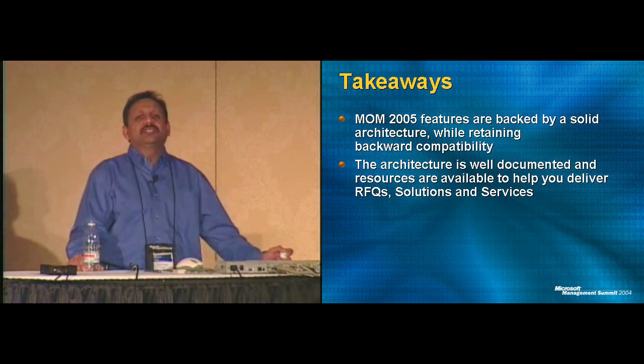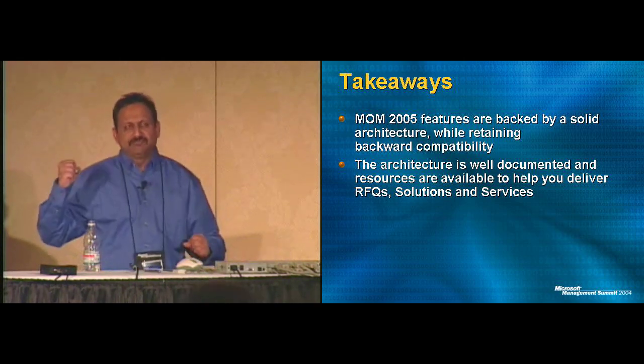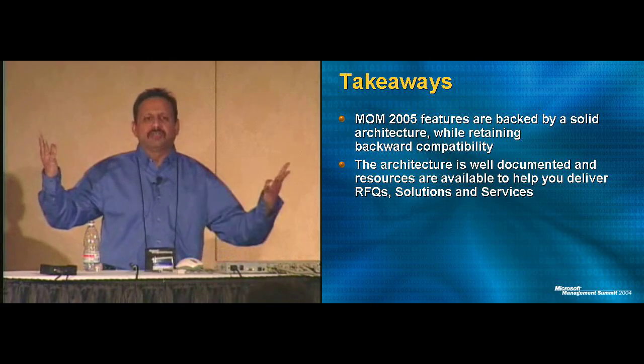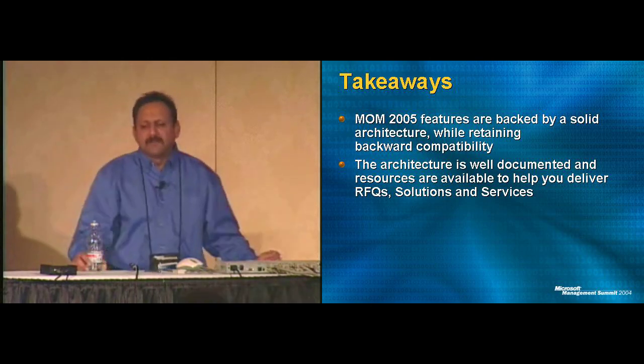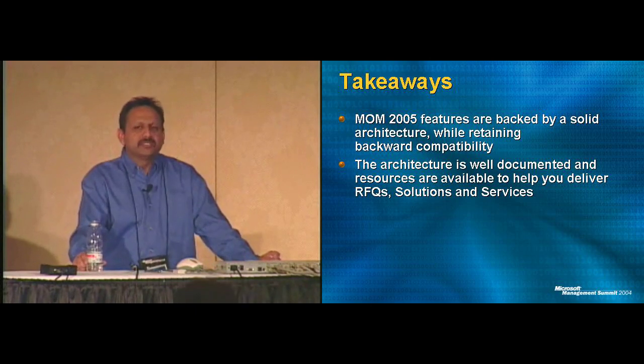Yes. So the question is associations between components, like this NIC here is running this protocol. That would be an association. So there is underlying support for it. It's not exposed in our views and so on. So that is one of the things that we will do further investments in.